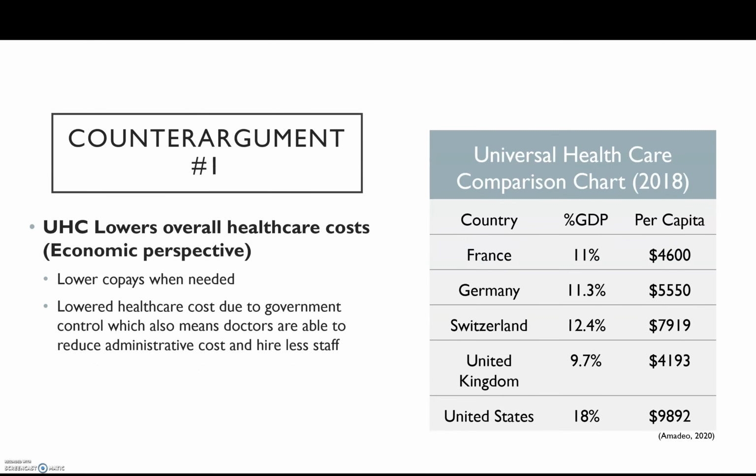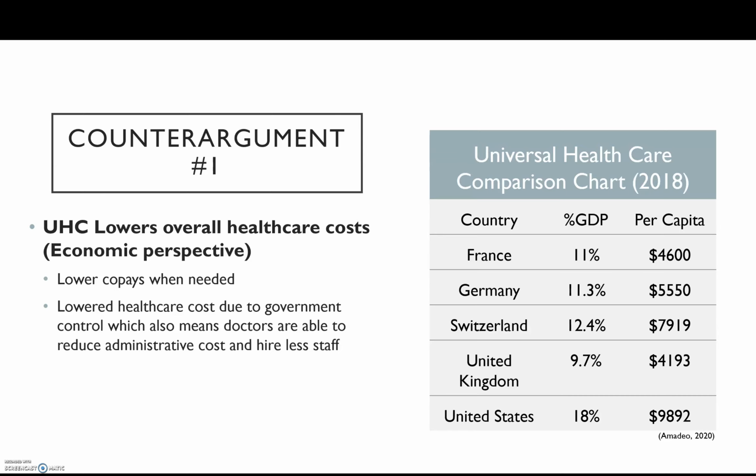Some counter arguments to why the U.S. shouldn't adopt a European healthcare system or a universal healthcare system is that universal healthcare lowers overall cost. It lowers copays when needed, as well as lowering healthcare costs due to government control. It also means doctors are able to reduce administrative costs and hire less, effectively charging patients less.